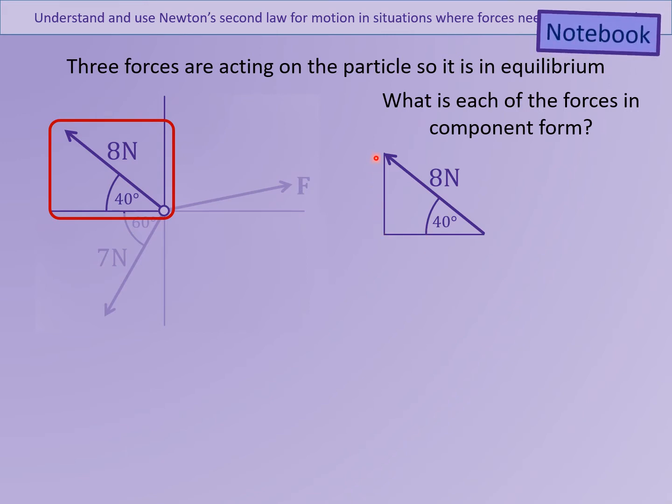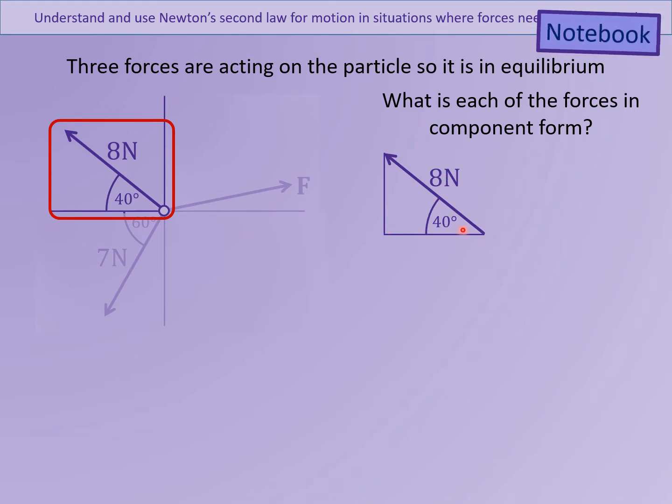So I'm looking for those two. And don't forget, you can calculate these easily. They're just going to be 8 sine or cos 40. And the hint I always say is this line just here is connected. So that's going to be the cos, 8 cos 40, because that one's connected. Whereas this one is separate. So this will be the 8 sine 40. But it's just basic GCSE maths. So I'm sure you can work them out using your trigonometry skills.